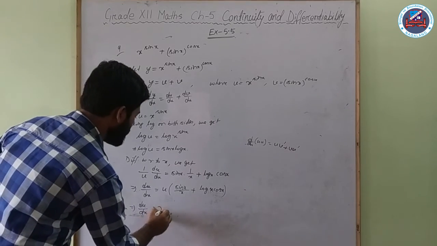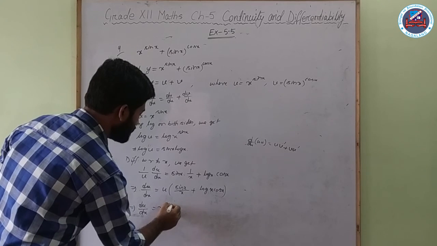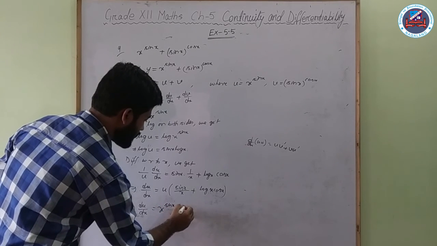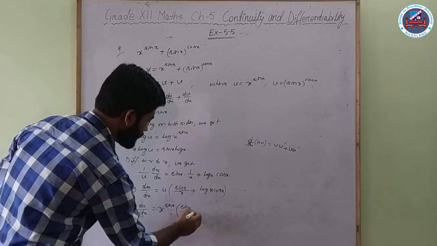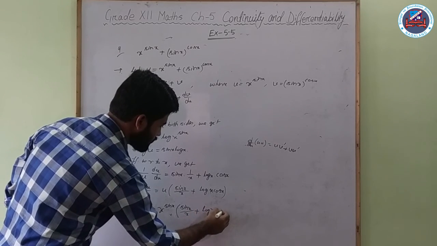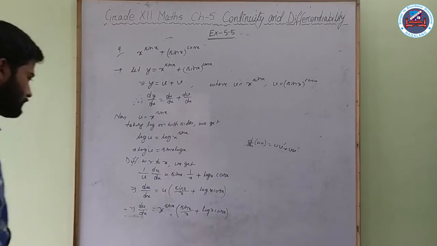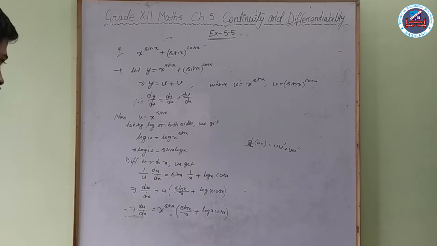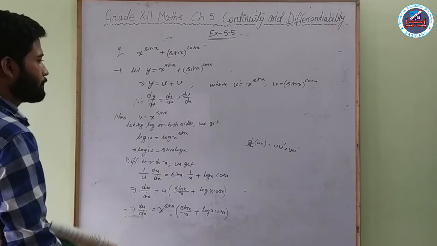It is x to the power sin x, and here we should have sin x by x plus log x cos x. Can I simplify it? Okay, let's leave it up to this.